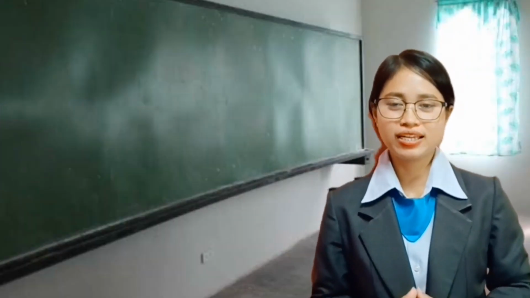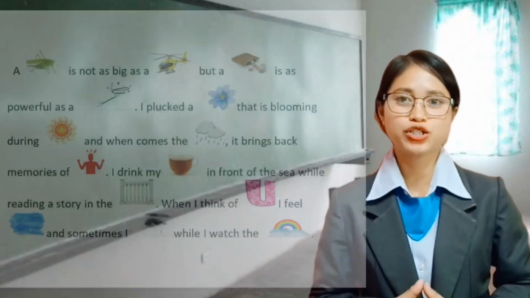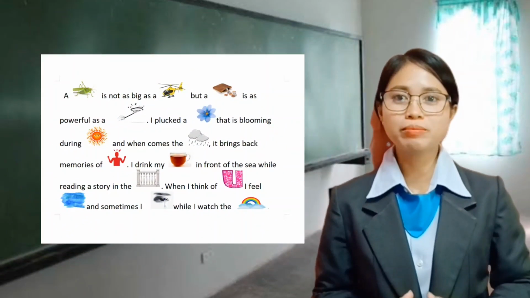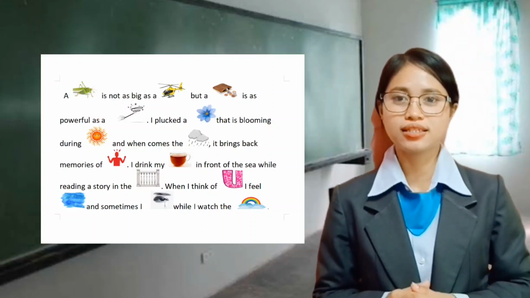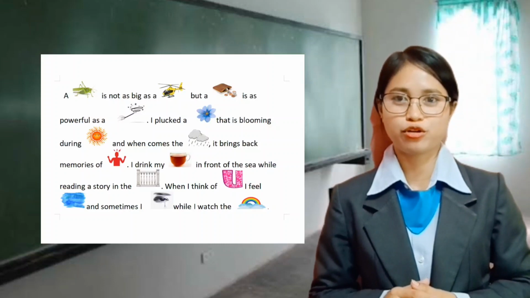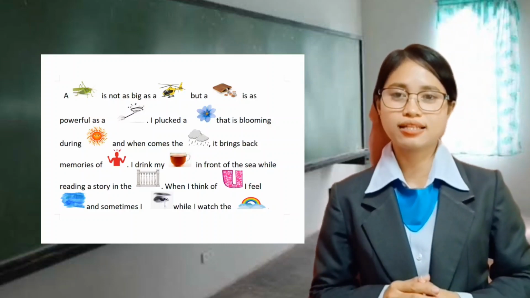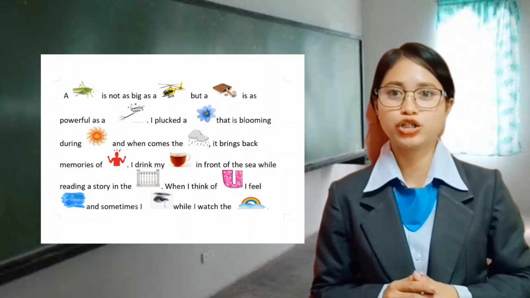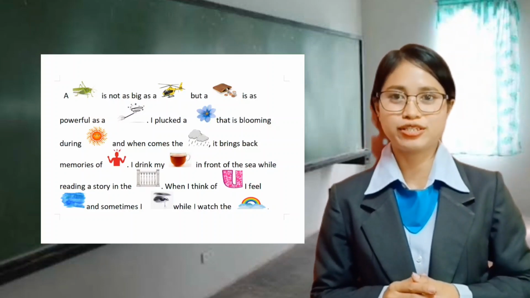For the activity, the class will be given an illustration that contains short information or a story. They will be tasked to complete the sentences by filling up the blanks with words that rhyme with one another. After completing the sentences, the class will read them aloud to check their pronunciation of the sounds of letters.